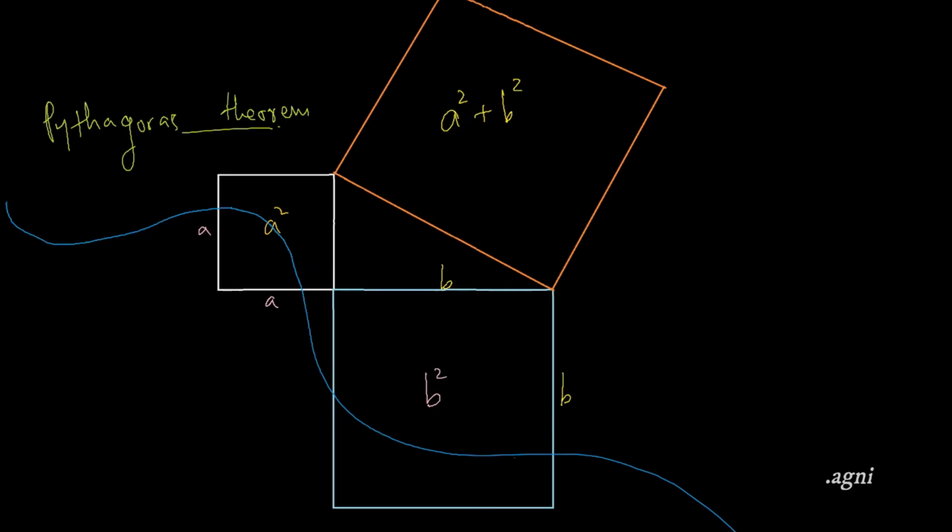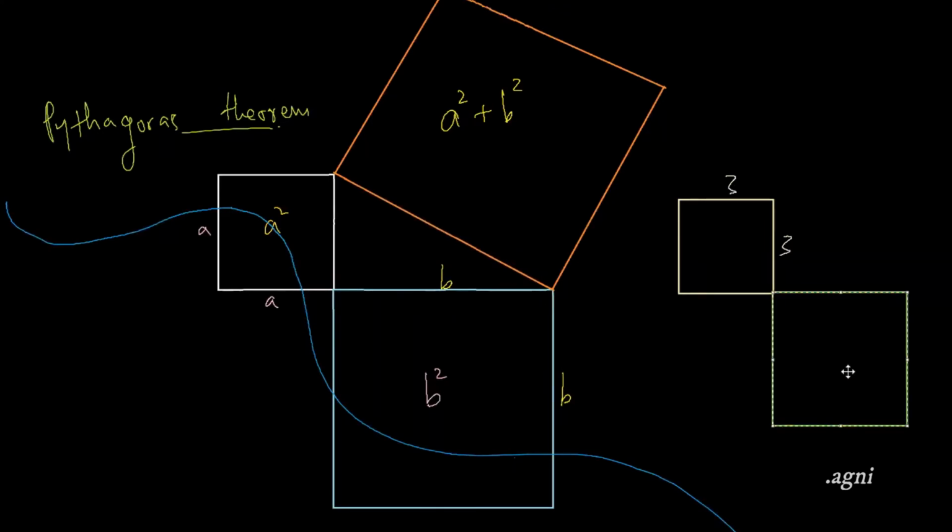If you take a square, let's say we have a square here, 3 by 3, and we have another square like this, 4 by 4. I'm proving the fundamental of the Pythagoras theorem. You will have a new square here.